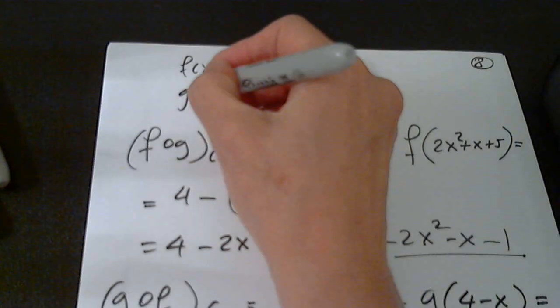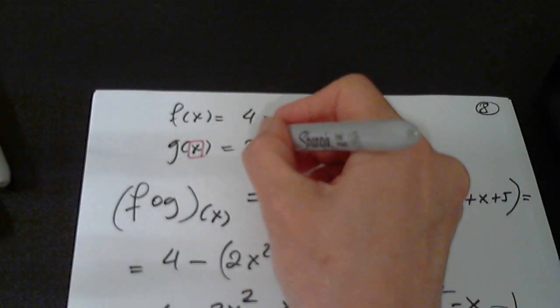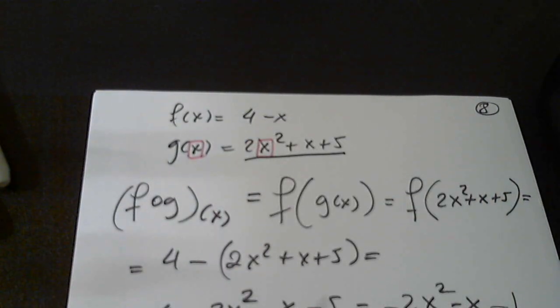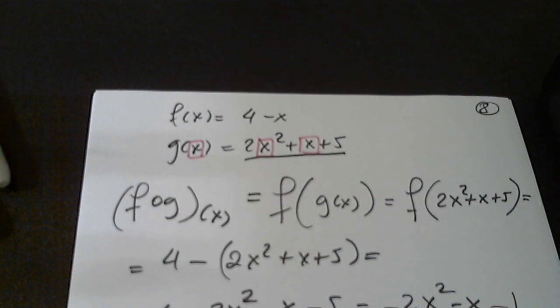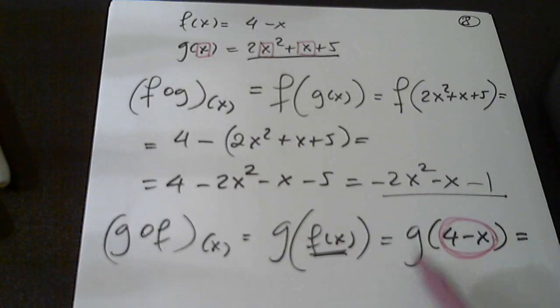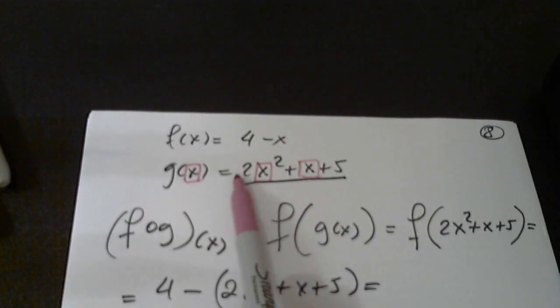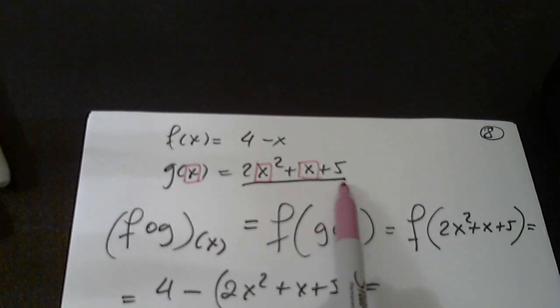G says that g of something equals 2 times something squared plus something. Instead of this, I have to replace this. I have to put 4 minus x, because this is what I have now, g of something. Okay, g of this is 2 times that squared plus that plus 5.